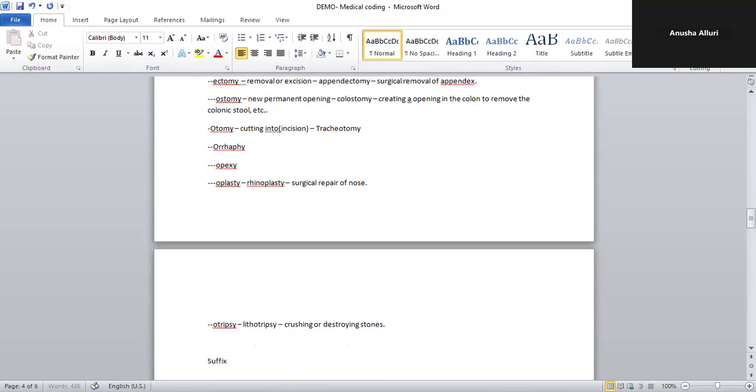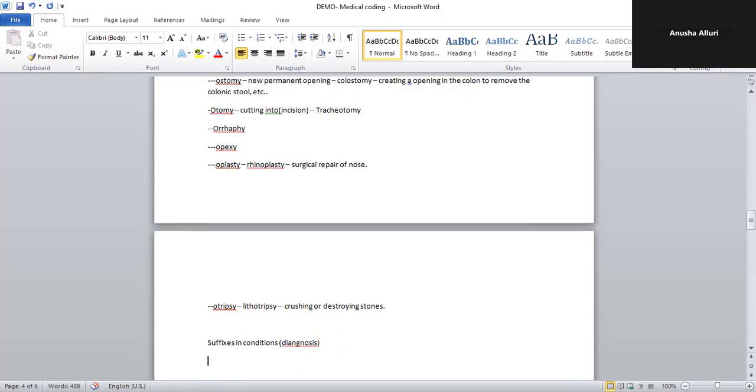Suffixes in conditions or diagnosis have different meanings. Both prefixes and suffixes are different in conditions and diagnosis. Prefixes: ambi, aniso, dis, eu, hetero, homo, hyper, hypo, iso, mal, megalo.